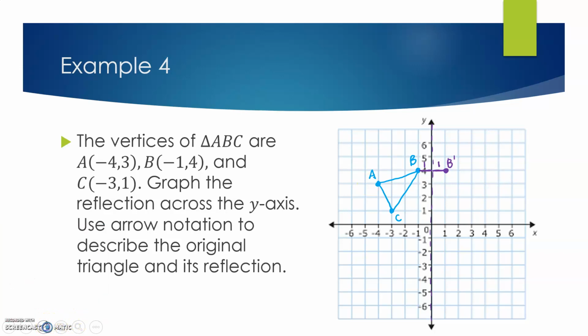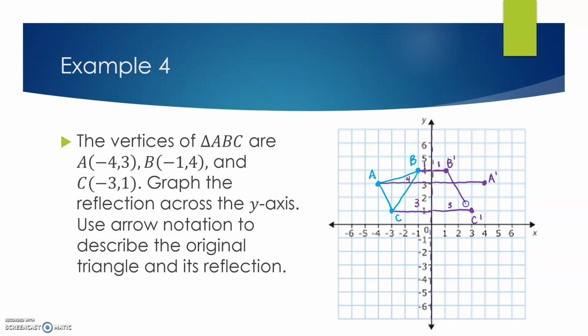A is 4 away, so I'm going to move 4 in the opposite direction. So that's A prime. And then C is 3 away, so I need to move 3 in this direction, and that would give me C prime.